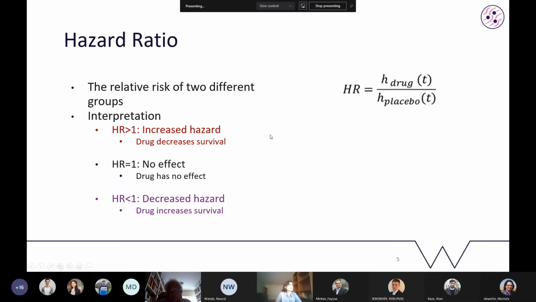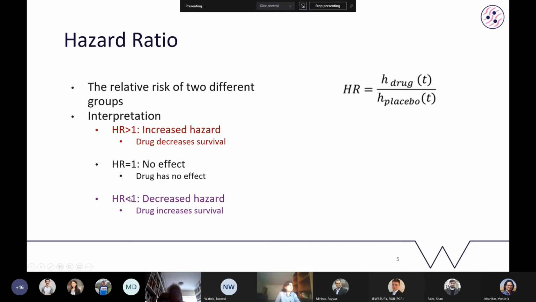If the number is greater than 1, it means the drug increases the hazard, or in other words, the drug has a decreasing effect on survival. So probably you don't want to administer that drug if increasing survival is what you're looking for. A hazard ratio of 1 or close to 1 means there is no significant effect of the drug on survival.